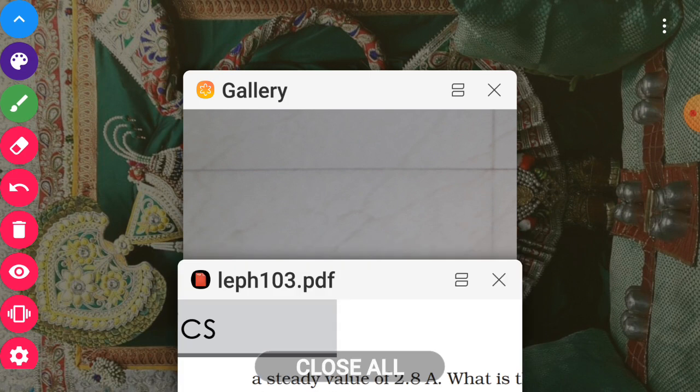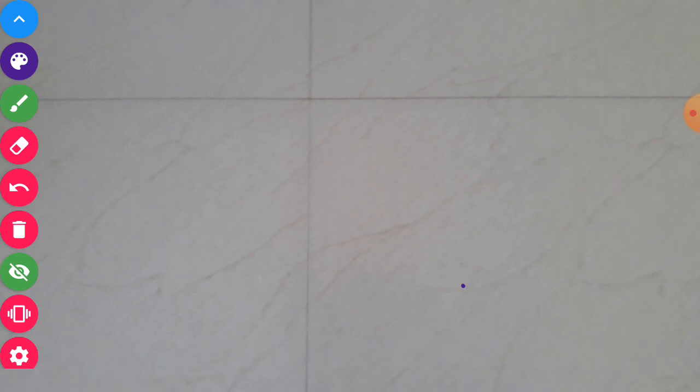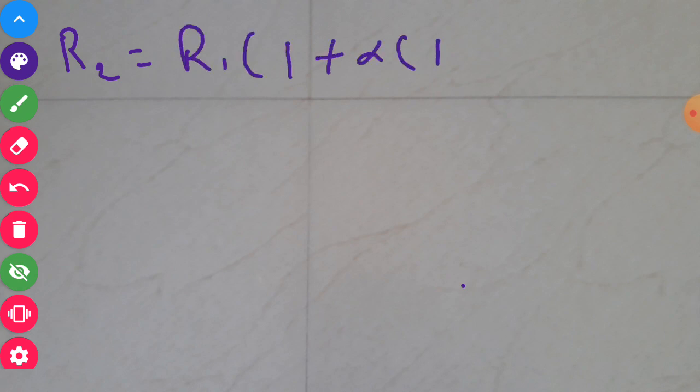Now the values of R2 and R1 we have calculated, so you must write those values. The formula which we have is R2 is equal to R1 times 1 plus alpha into T2 minus T1. Now you can do it very easily.